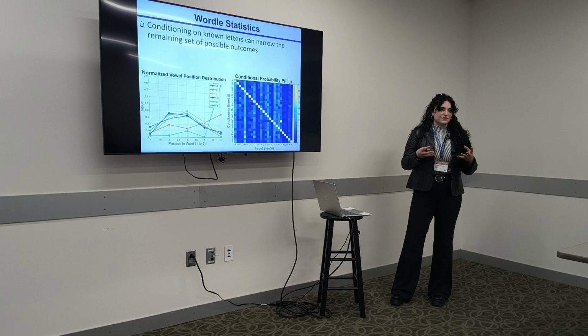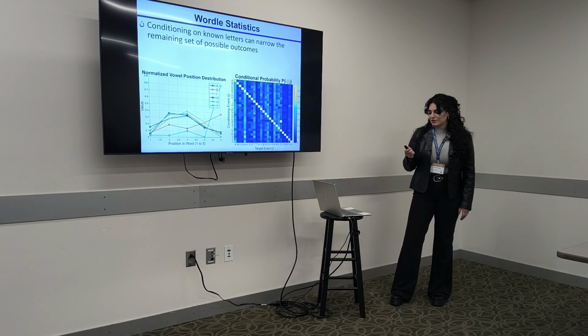When you've received information on your first guess, you can condition possible values that may occur based off of information you've already received. So if you know that there is a D in your word, you can condition your remaining answers given that there is a D already. So that's really helpful to narrow your remaining set of possible outcomes.